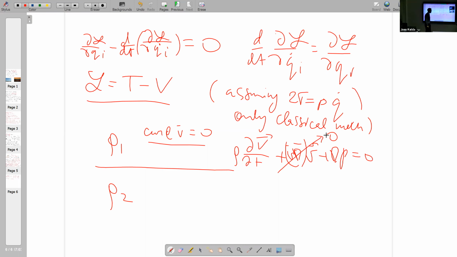So we neglect that term. Then we take the divergence. Because divergence of V is 0, we obtain nabla squared P, or the Laplacian of P, is 0.